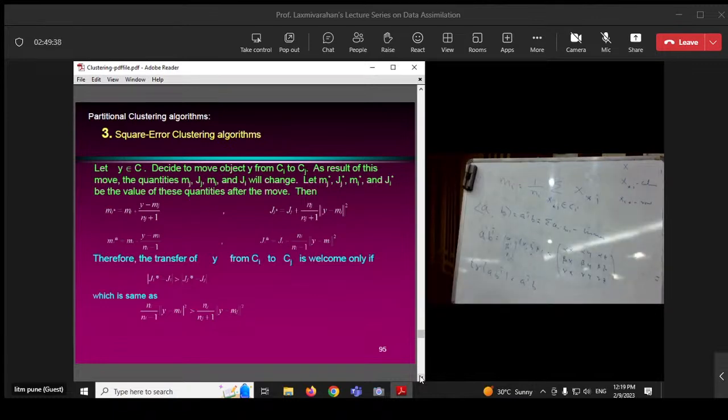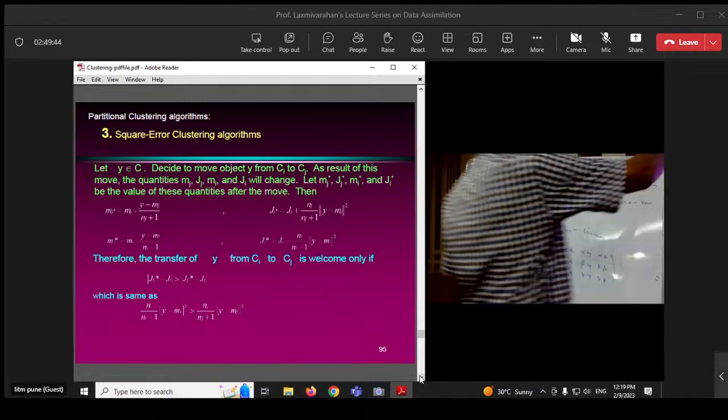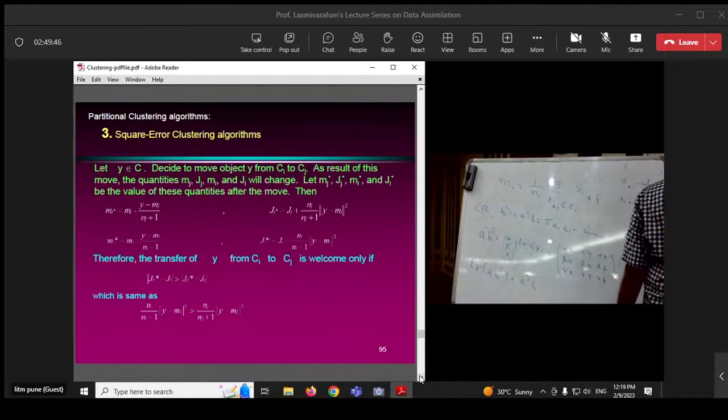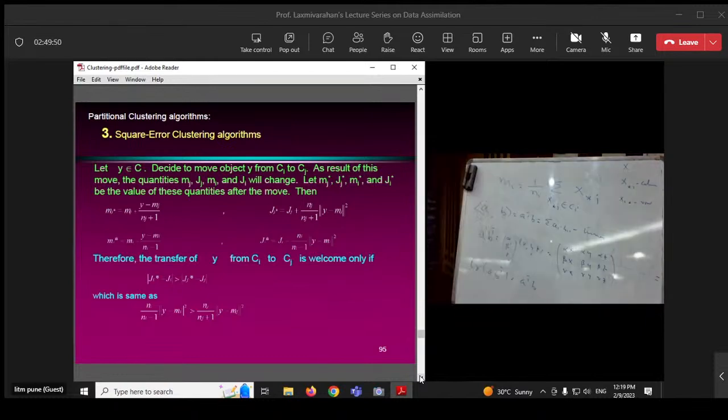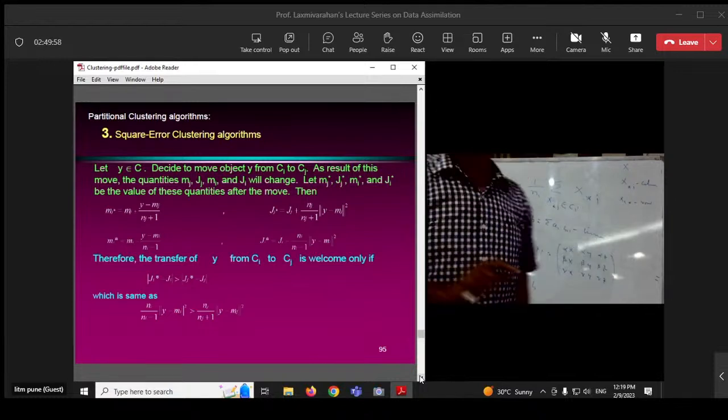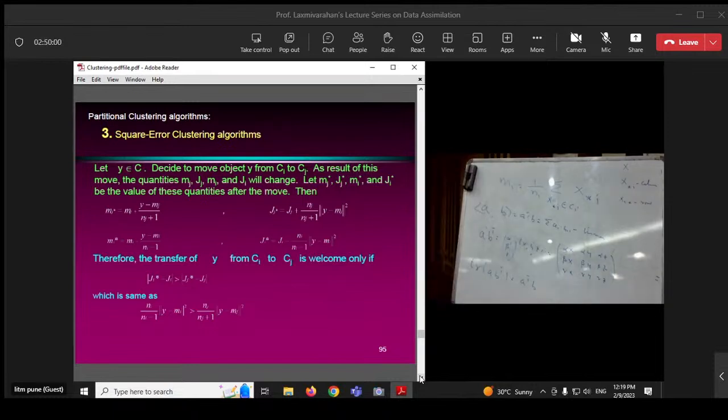I want to decide whether to move the object Y. Let Y be the object that belongs to Ci. I want to be able to make a decision: should Y continue in Ci or should I change it to Cj? As a result of this move, what's going to happen?